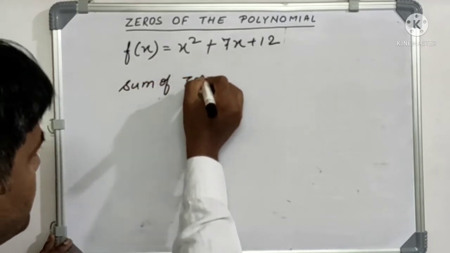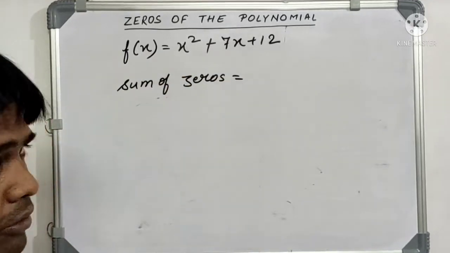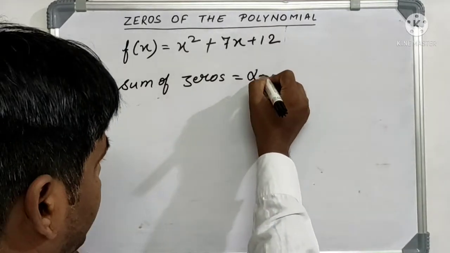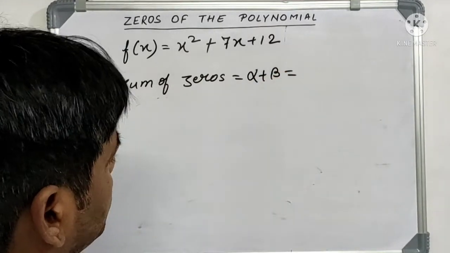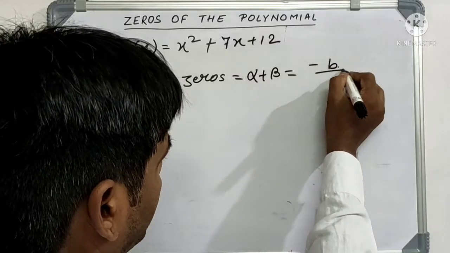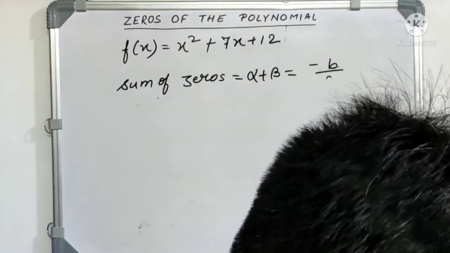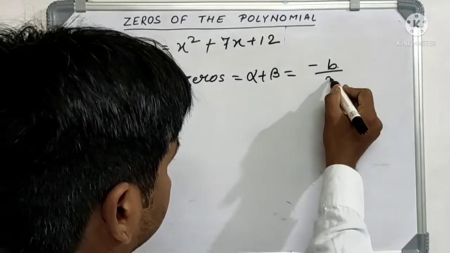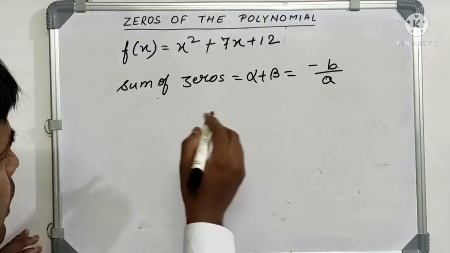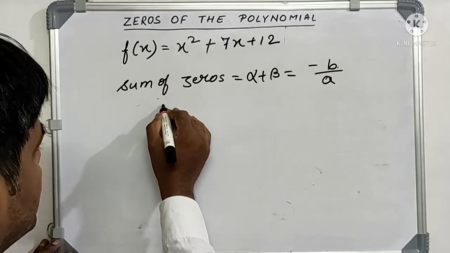Representation as sum of zeros. Now how can we identify? We know that the sum of the zeros, that is alpha plus beta, will be equal to minus b upon a. Got that? Now let us first of all identify b. What is b?